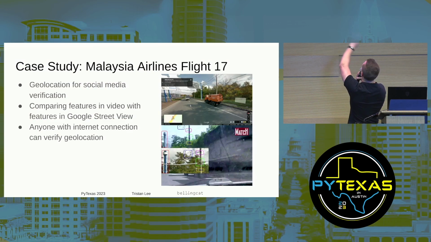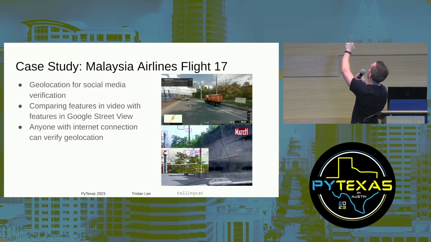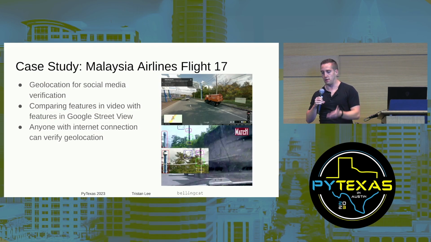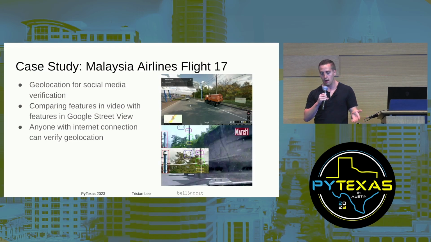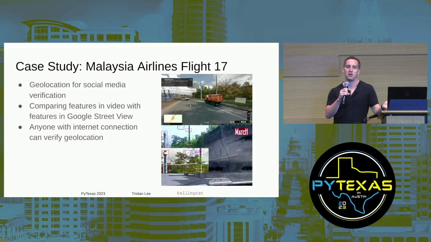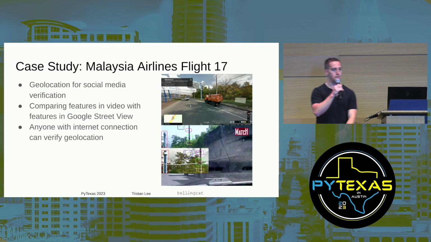If you're in Google Street View, you can adjust the viewpoint, and you can line up the viewport with the actual video. And we can see, okay, so there's a pole that looks about right. There's another telephone pole. The intersections of the wires on the pole look about right. The outline of the trees also looks right. So we can say, okay, it's plausible that this video was in fact taken at this particular location.